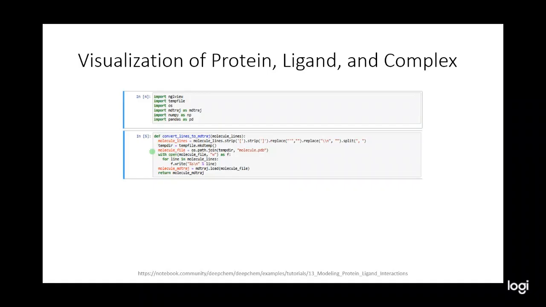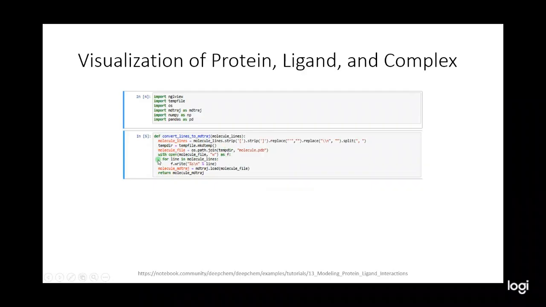Then it combines this temporary path with the file name molecule.pdb to construct the full file path stored as molecule_file. The function then opens the file at the specified full file path using the open function in write mode, allowing us to write the processed molecular data into it. Also, the file is referenced as the letter f.